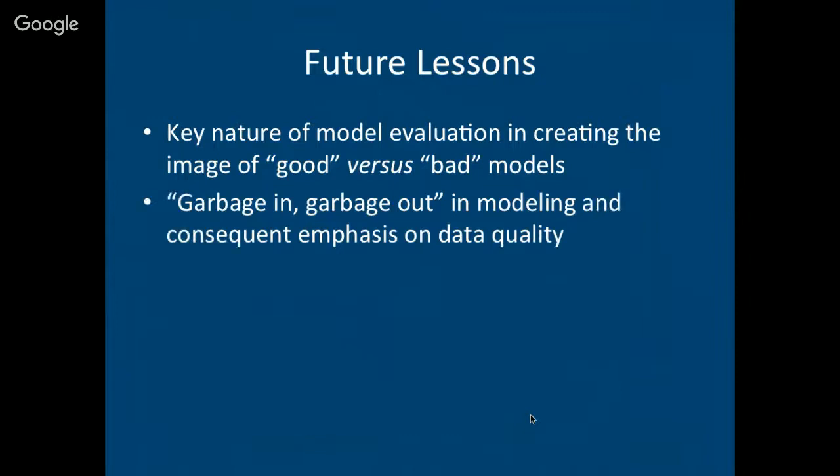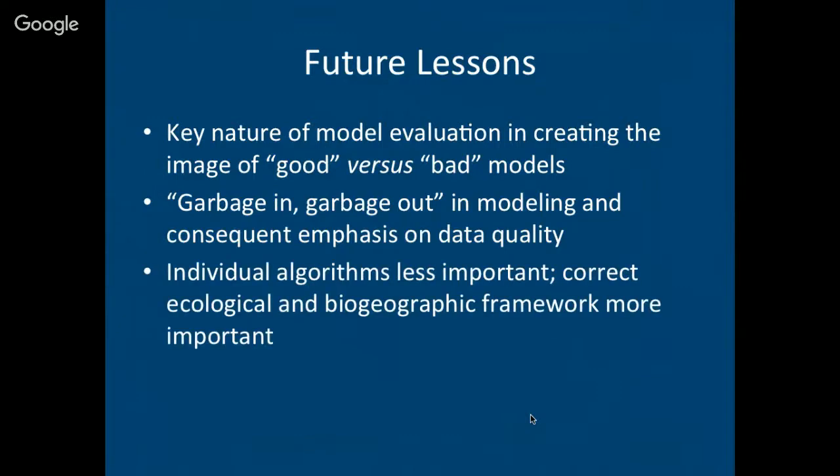I think there's an important concept which I irreverently refer to as garbage in, garbage out. If we don't go back to those early lessons about data quality, then we may put garbage into our modeling algorithms and get garbage out of our modeling algorithms.